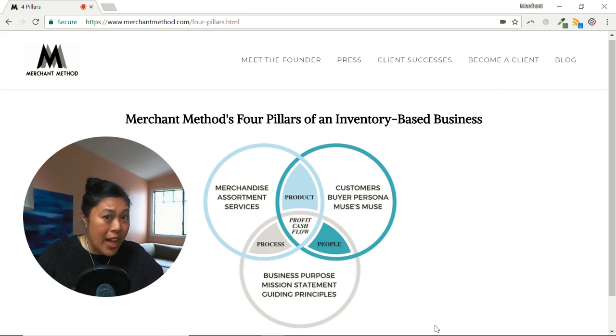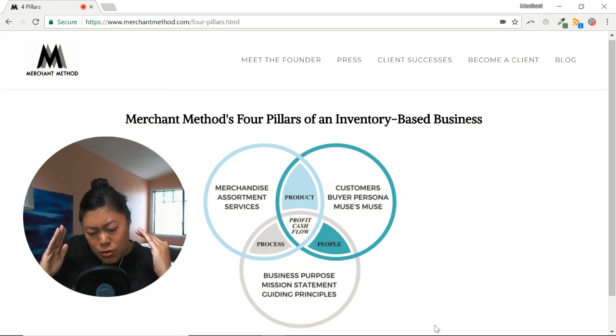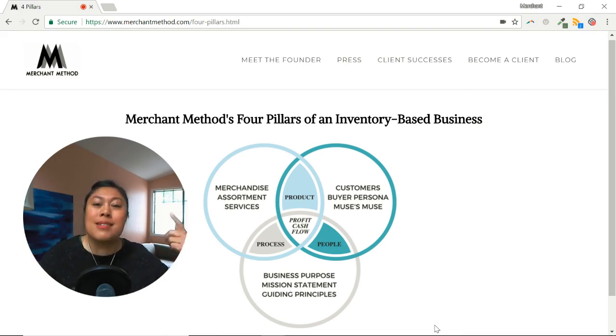But this whole notion around merchandise assortment and services is less about, let me create this product that's going to draw more customers, and more about, I've really identified and honed in on a brand lover or honed in on this extremely specific niche market. Let me find more products to sell to them.